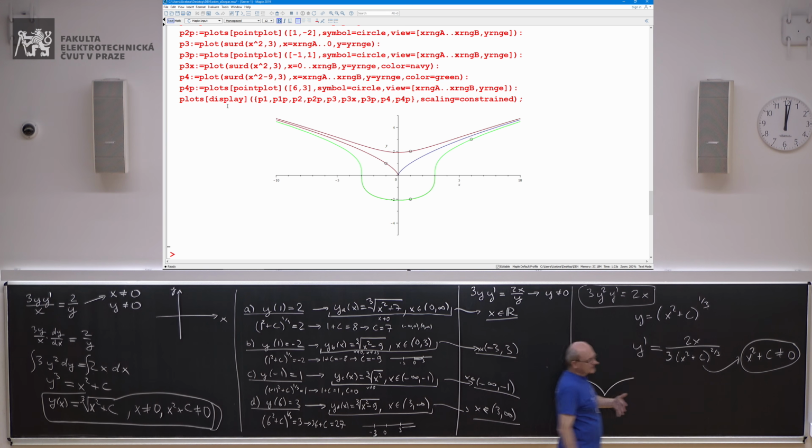So in fact, when we are looking for the solutions, for the region of validity, we should be looking at the solution, at the general formula, and we should be looking at the formula for the derivative, and then we can be sure that we have the correct answer. So in fact, these two equations, they have the same solutions, because this condition is hidden in the existence of the derivative.